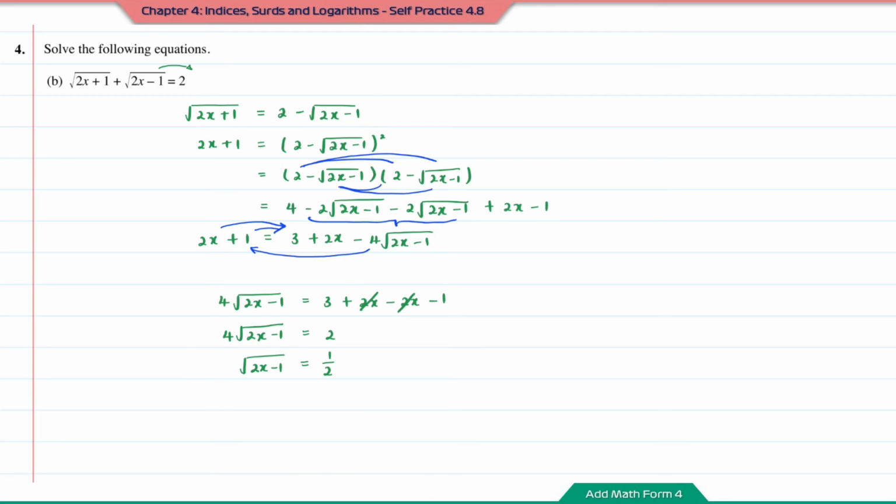Next, square both sides. Then you're going to get bracket 1 over 2 squared. So 1 over 2 squared, you're going to get 1 over 4. Then I'm going to move this negative 1 to the right hand side. Then it's going to be plus 1. Therefore, 2x will equal to 5 over 4. Then move this 2 to the right hand side. It will be 5 over 4 divided by 2, which is the same as multiplying it by 1 over 2. Therefore, x is equal to 5 over 8.